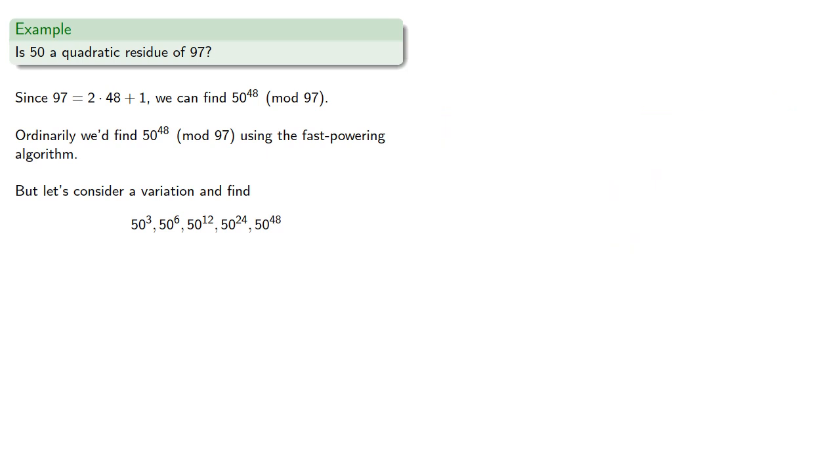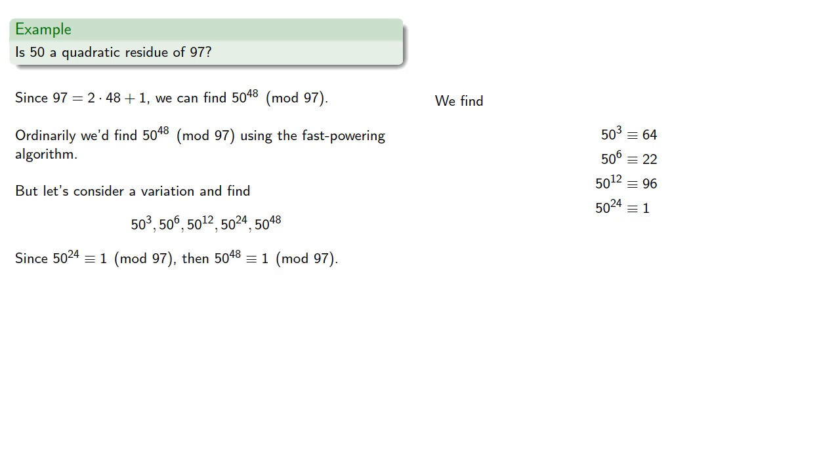Now, what happens if we do that? Well, 50 to the 3rd is 64, to the 6th is 22, to the 12th is 96, and 50 to the 24th is 1, and we don't need to square this any further because we're just going to get 1s thereafter. In fact, we might note that 96 is congruent to negative 1 mod 97.